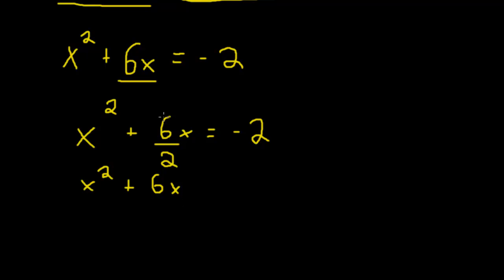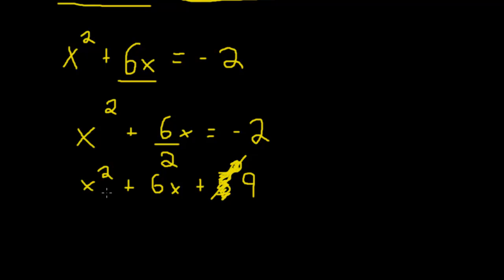We found our a value, which is 6 divided by 2, which is 3. So we add 3, but we square it. So instead of writing 3 squared, we'll write it as 9.